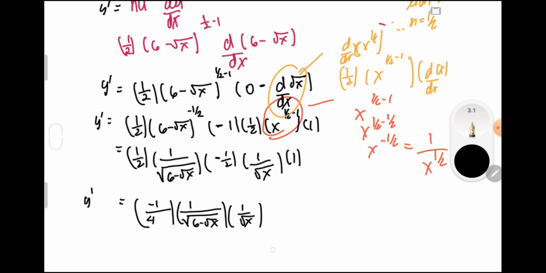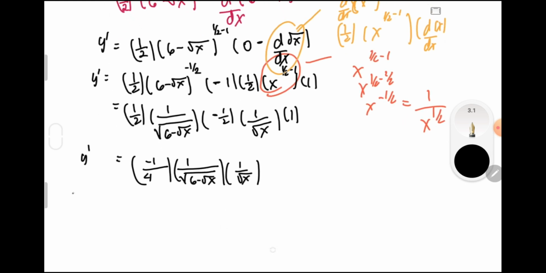Suppose we would like to find the value of y prime at x is equal to 4.